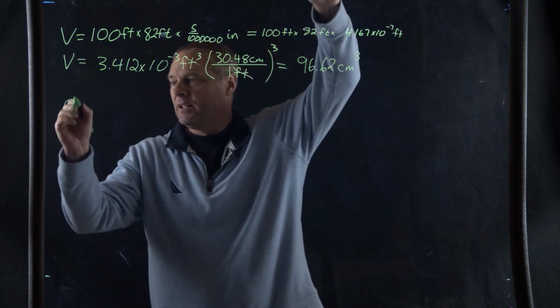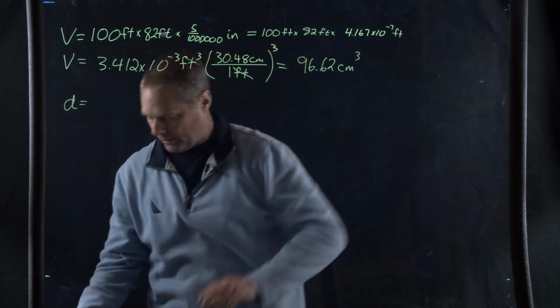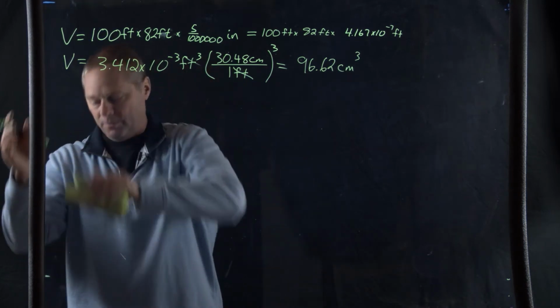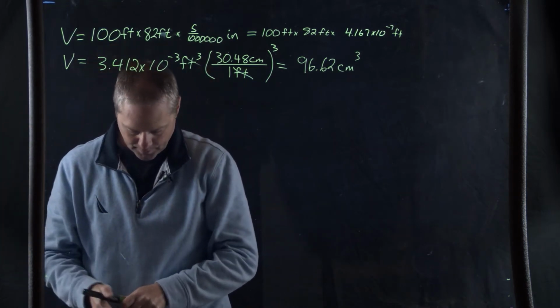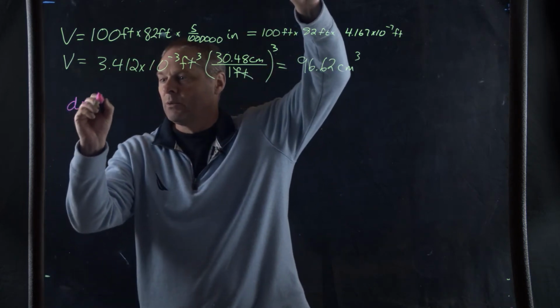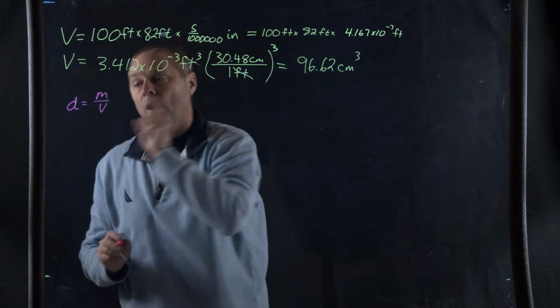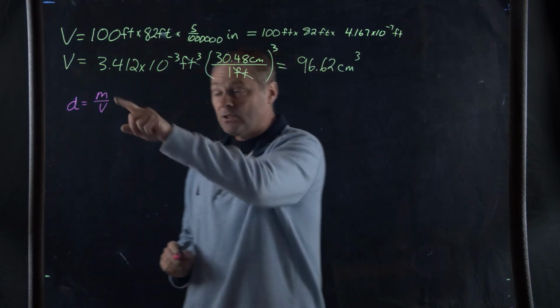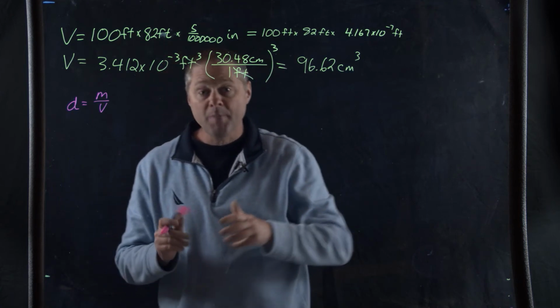Now the density of gold, here I'm going to use a different color just so we don't get confused. We know that the density of gold is equal to mass over volume. Now we know the density of the gold, we know the volume of gold we want, and so now we can calculate and determine the mass of the gold.